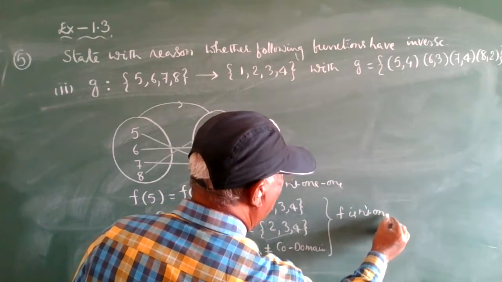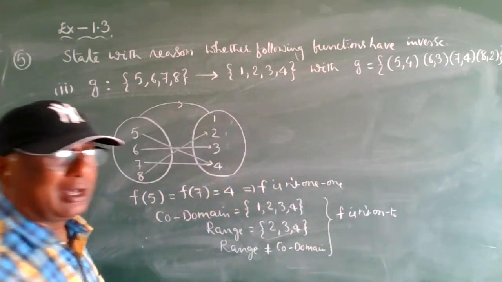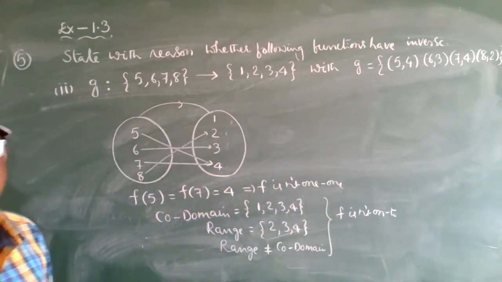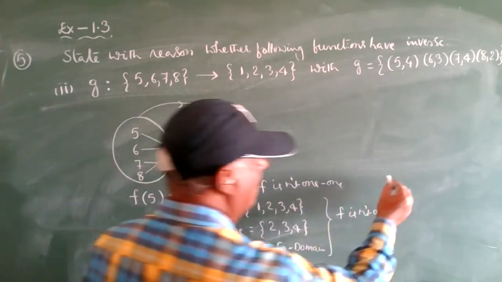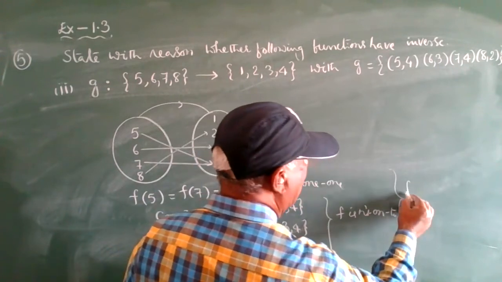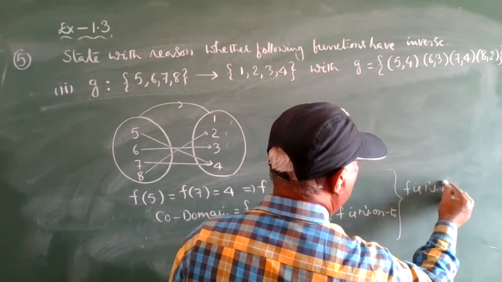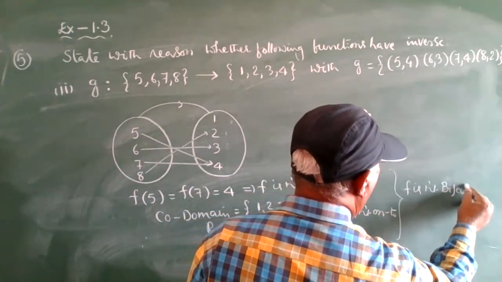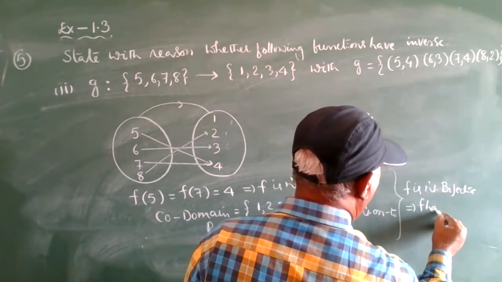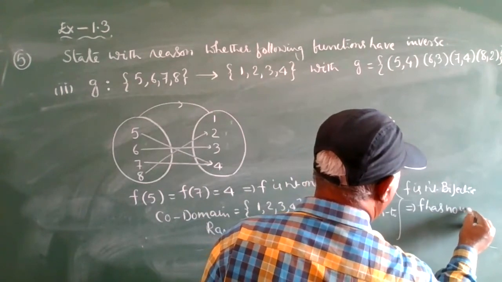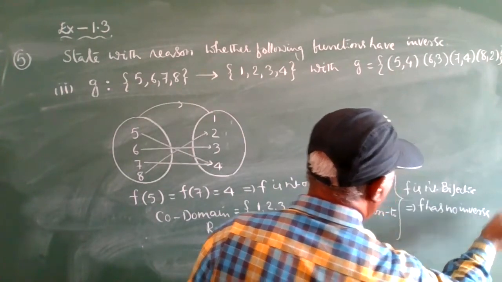It is neither one-one nor onto. g is not bijective. Not bijective means g has no inverse. Okay?